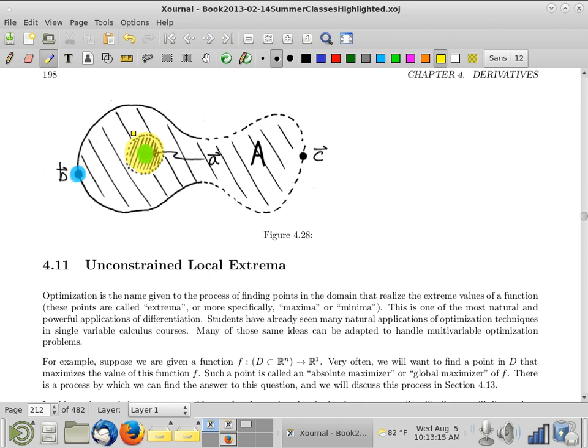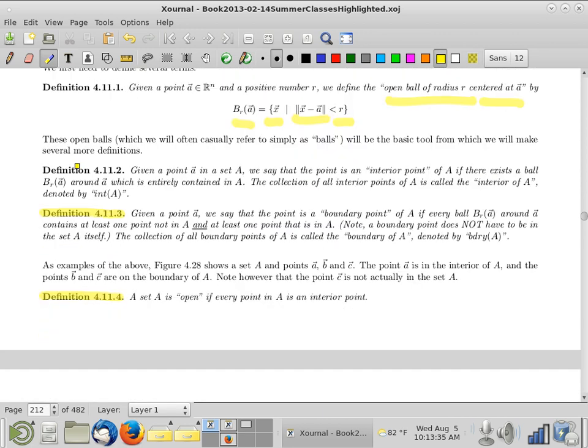And you can't do that with B. B, if you put some ball, no matter how small that ball is, if it's centered at B, it's going to hang over the edge a little bit. And thus the entire ball will not be in the set. So this is how we distinguish these two cases. So that's how we define interior and boundary.